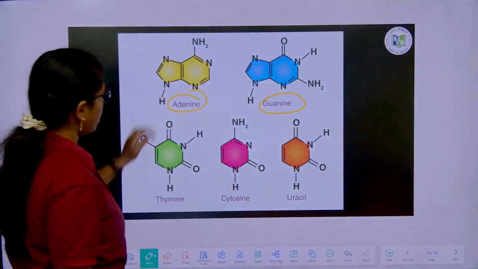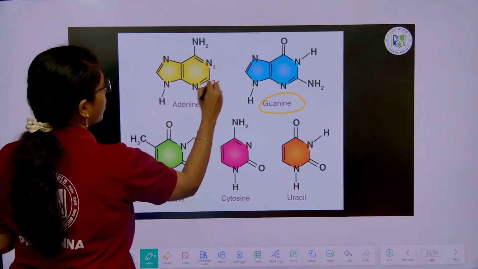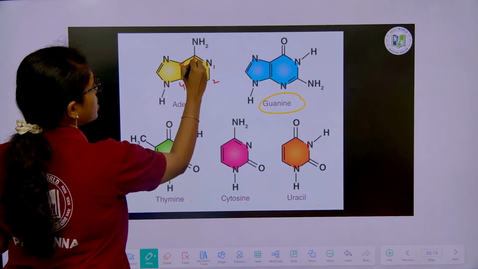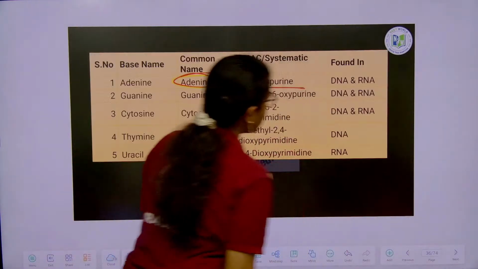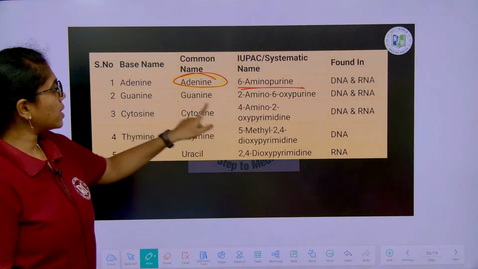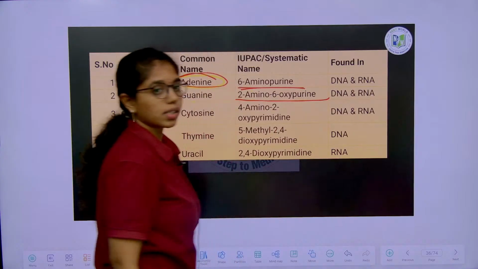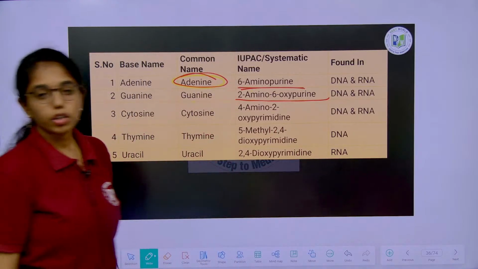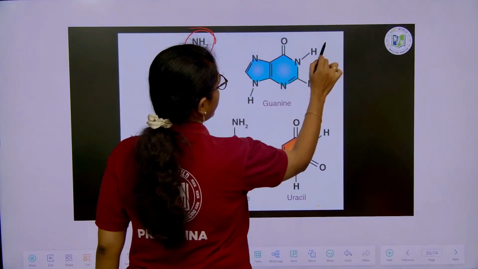You can see here in adenine, at the sixth carbon, an amino group. It is known as what? 6-aminopurine. Likewise, guanine is also known as what? 2-amino-6-oxypurine.